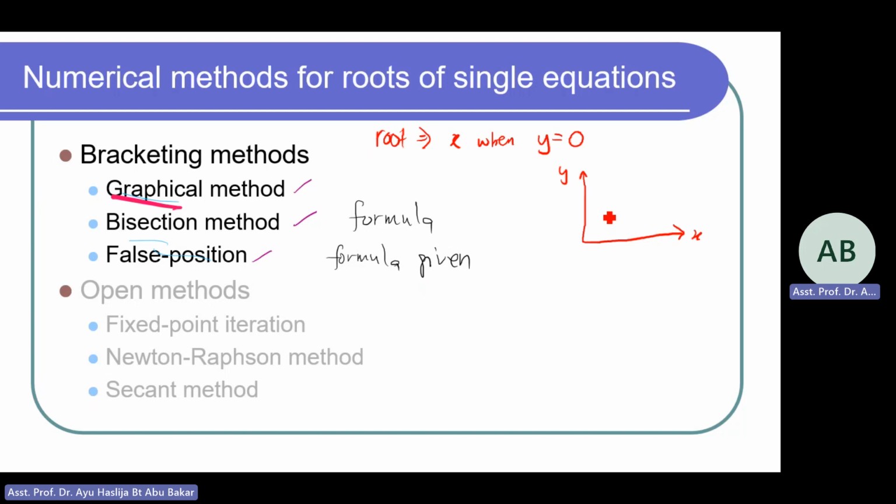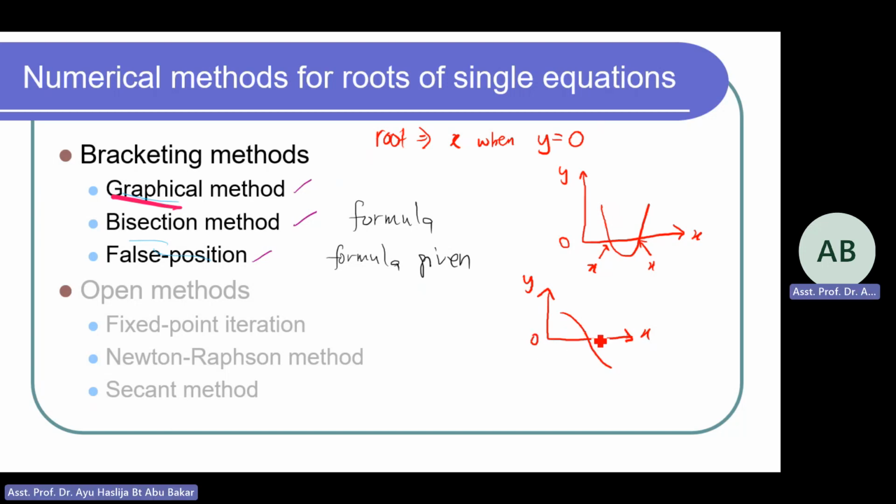Let's say you are given a non-linear equation, perhaps something like this. When y equals 0, here you will have 2 roots. Let's say you have something like this.